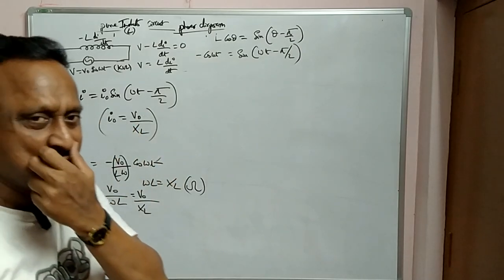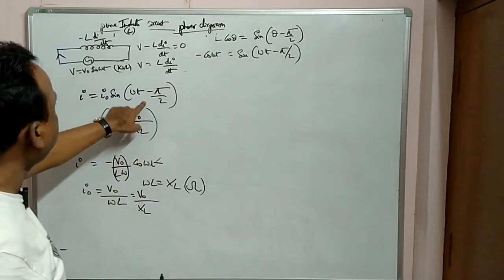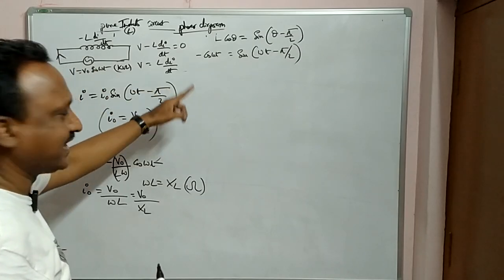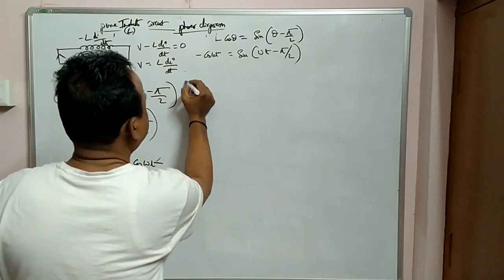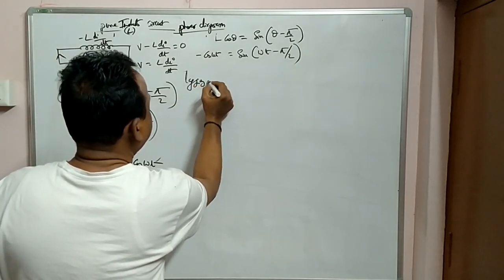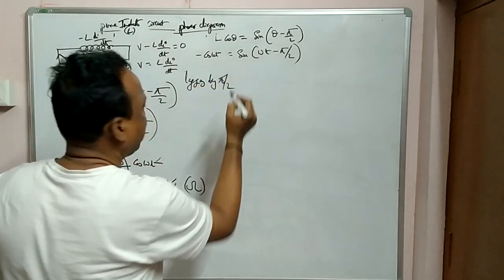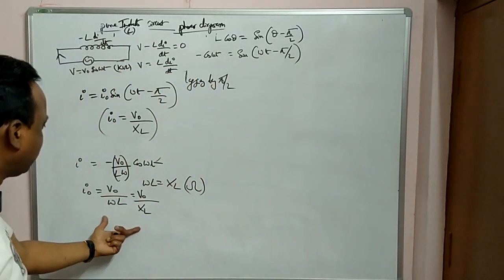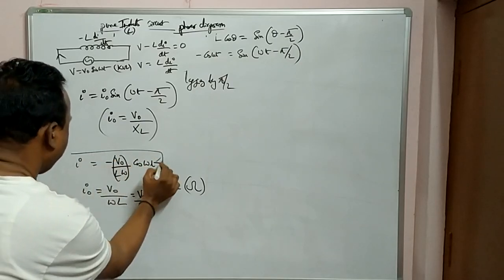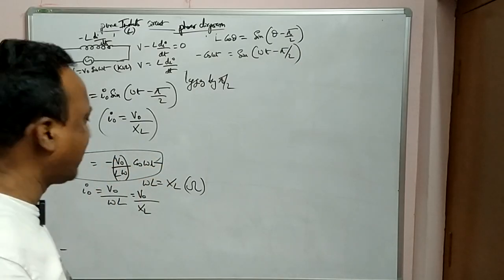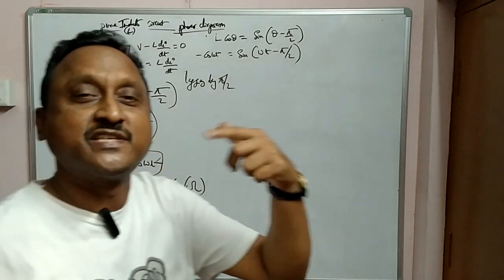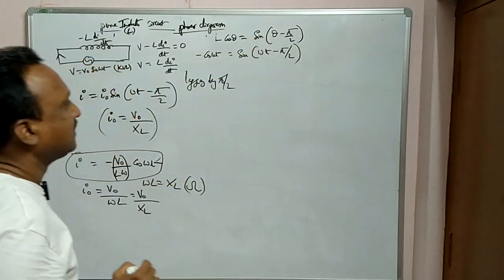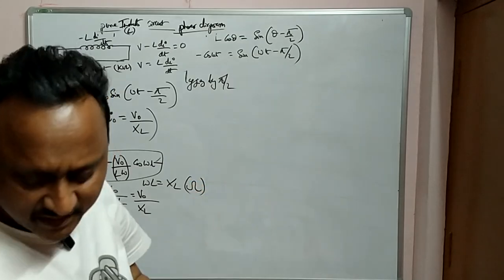So V is equal to V0 sin omega t, and the current is lagging by 90 degrees or pi by 2. The original equation is I equal to minus V0 by omega L cos omega t, but if you change it into a sin function, you can write sin of omega t minus pi by 2.